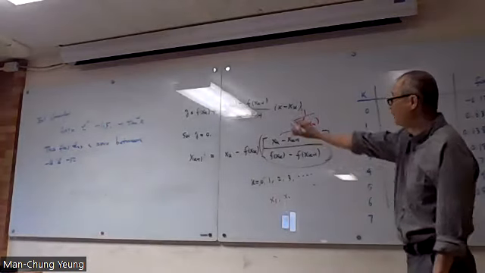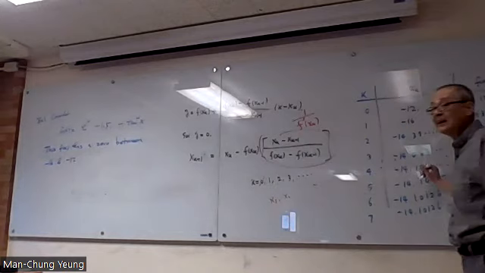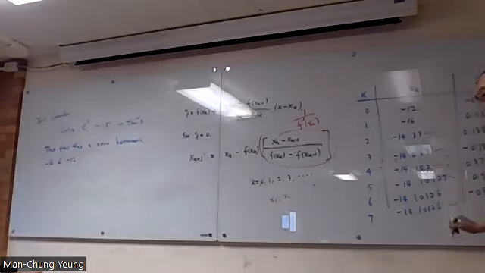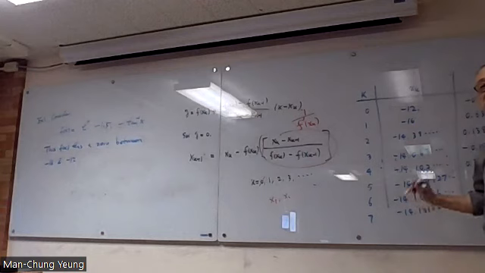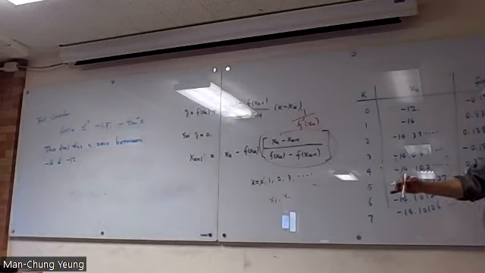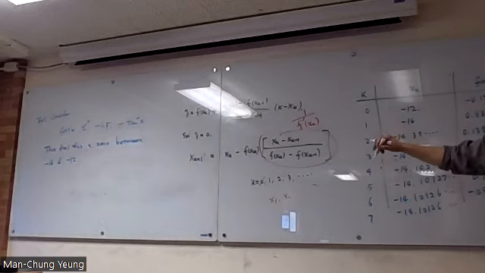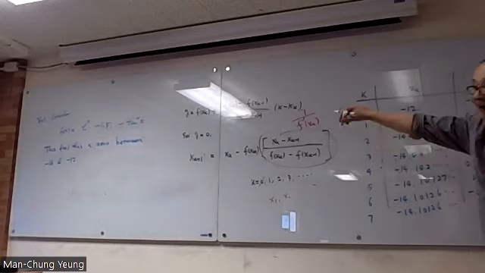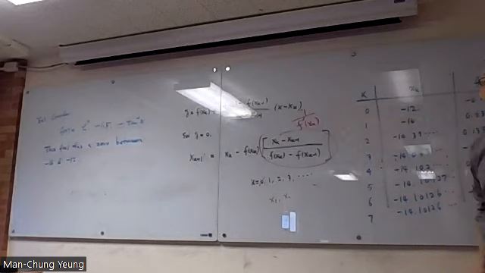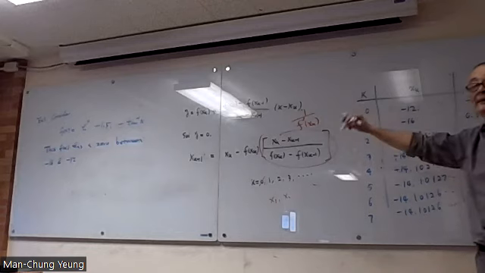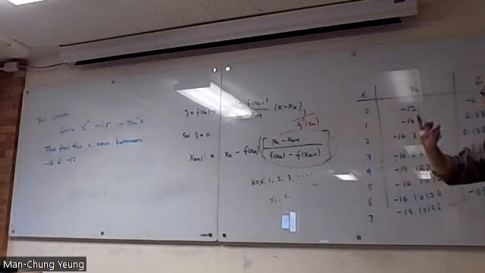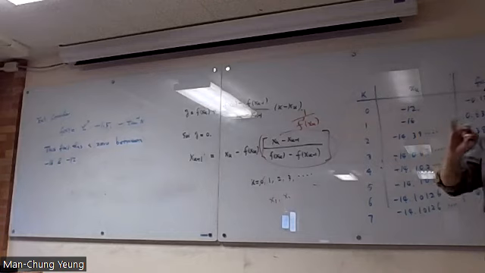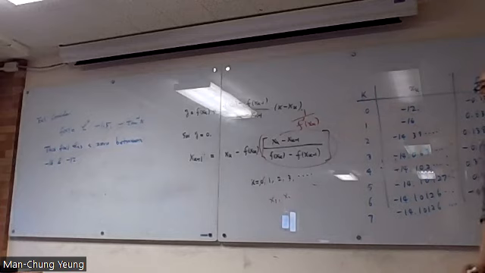Newton's method applied to the same function is slightly faster. Actually, the example for Newton's method is about the same function. If you compare this table and the table for Newton's method, you will see Newton's method converges faster, but not much.